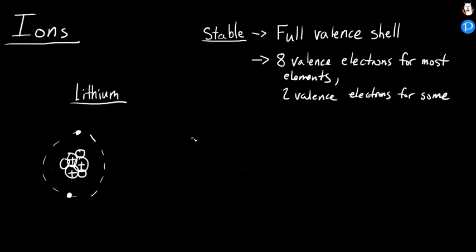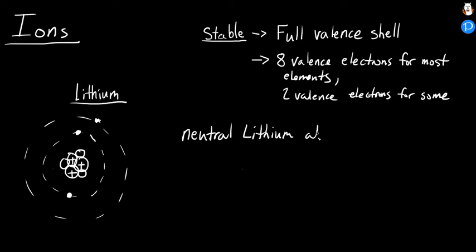Now let's think about this. Let's redraw this. If I have just a regular standard old lithium atom here that hasn't lost any electrons, we'll say a neutral lithium atom. The reason why we would say it's a neutral lithium atom is because it has the same amount of negative charges.